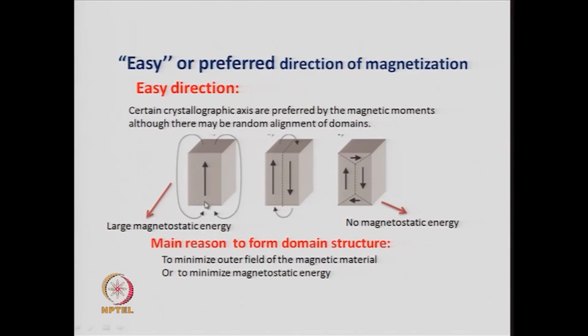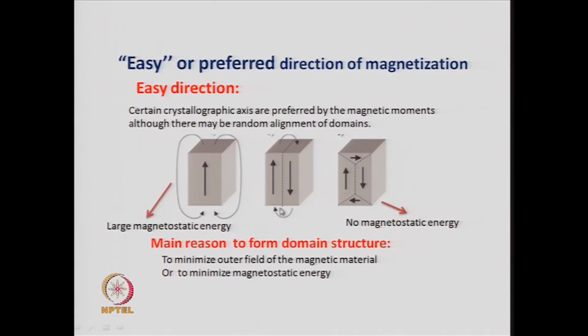So, if you have a large magnetic moment, you will have a large magnetostatic energy to rotate it, but if you break it into domains, instead of one entire domain, into 2 domains or 4 domains, then you see that the magnetic field lines can be easily formed by this circulation of the magnetic field vectors as shown here.